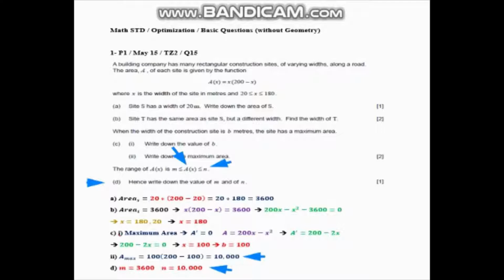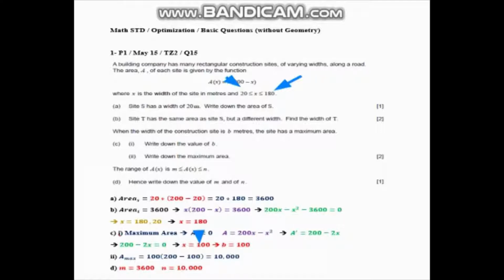This is simple enough. So what about the minimum area? The minimum area has been found at the very beginning of the question, in question A, because I know that the values of x extend from 20 to 180, and that the maximum occurs when x equals 100.